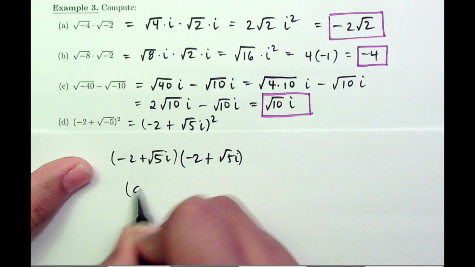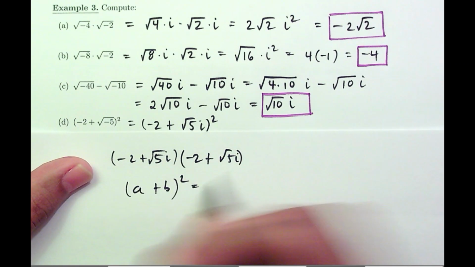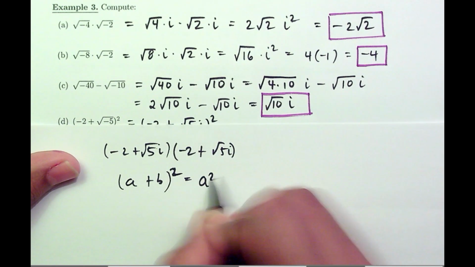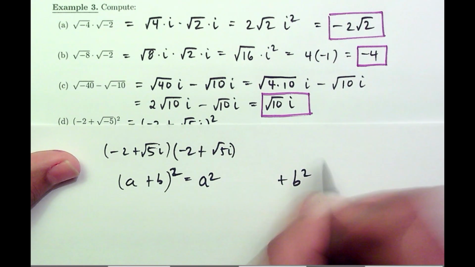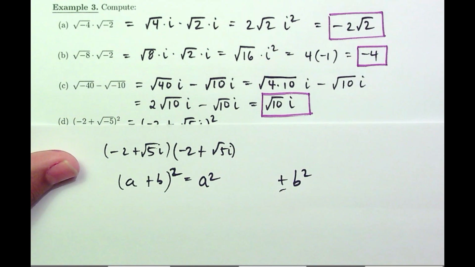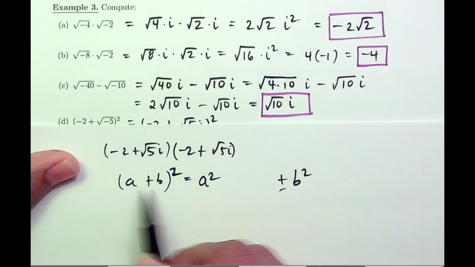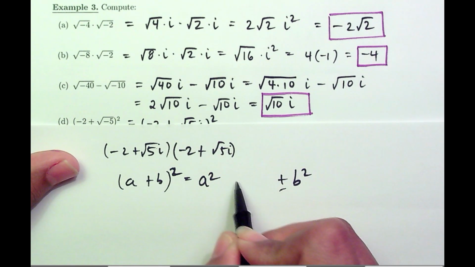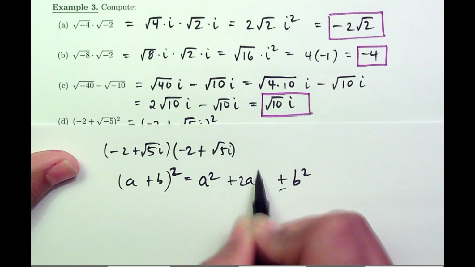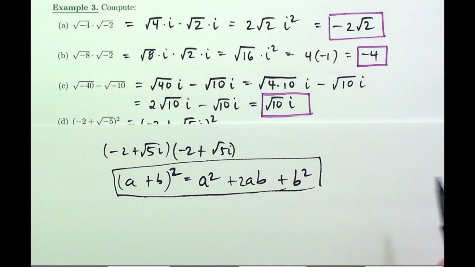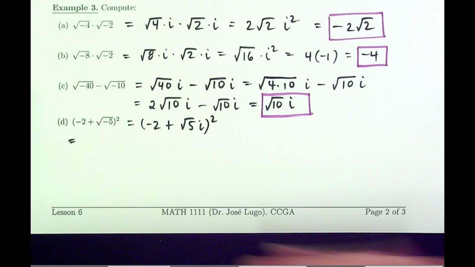What is the shortcut? If you're squaring a binomial, square the first one, plus square the last one, the second one. So a squared, b squared, and then there's a term in the middle which is to multiply a and b and double it. So ab doubled would be 2ab. So I'm going to use this shortcut. Okay, so what do I get when I use that shortcut?